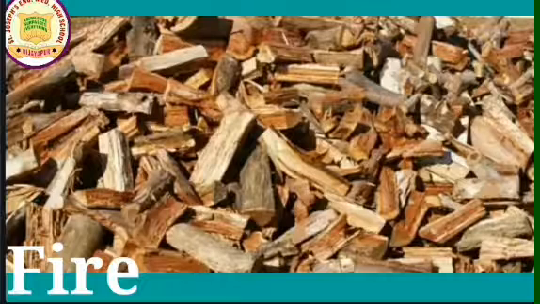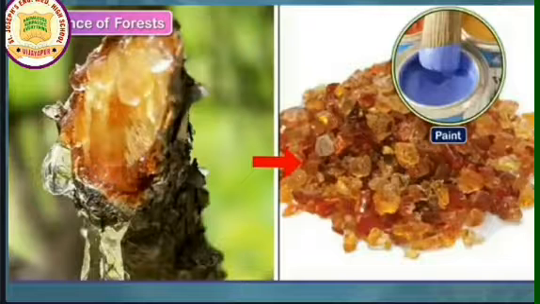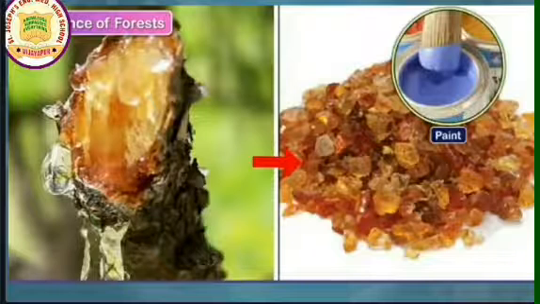Now, soft wood is used for making paper, plywood, pencils, and matchsticks. Resin from trees is also used in manufacturing paints, varnish, and a number of other things.